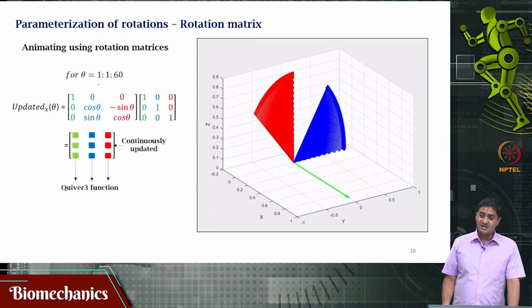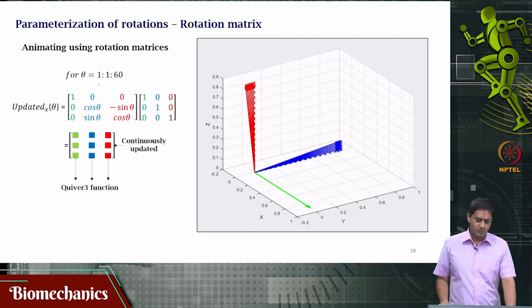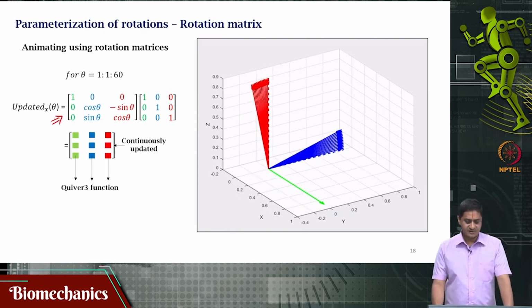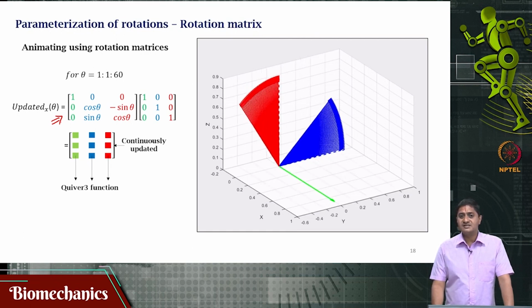So, what would be the rotation matrix when the rotation is happening about the x axis? That would be this, right. That would be that rotation matrix, that would be 1 0 0, 0 cos theta minus sin theta, 0 sin theta cos theta, where theta is changing from 1 degree to 60 degrees in steps of 1 degree at a time, right.